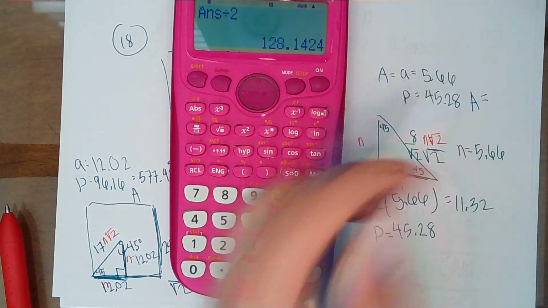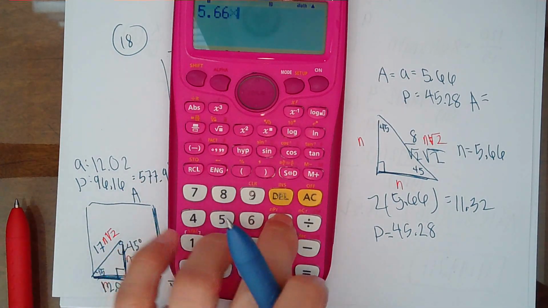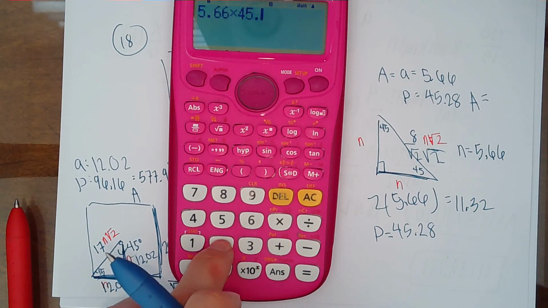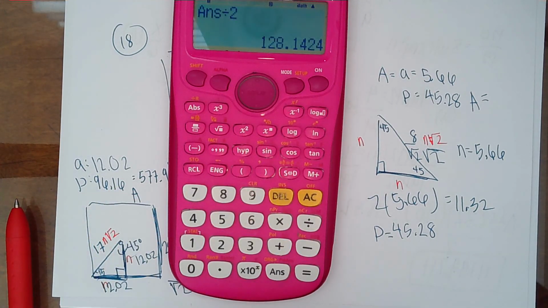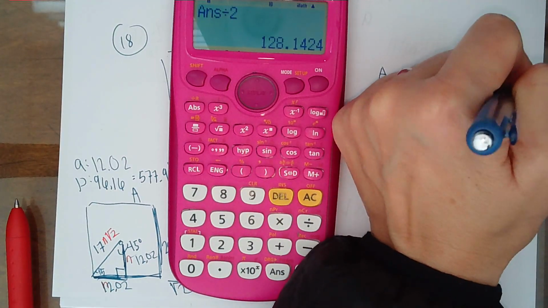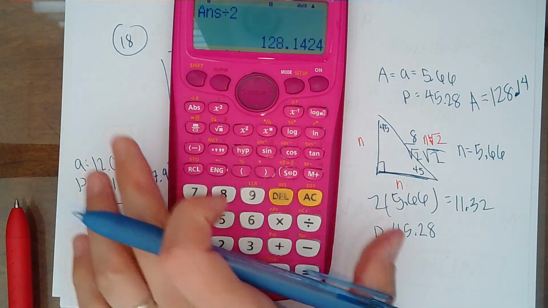I think I did that right. I made a lot of mistakes. Let me just check. 5.66 times 45.28 equals, divided by 2. Okay, 128.14. All right, that would be my area.